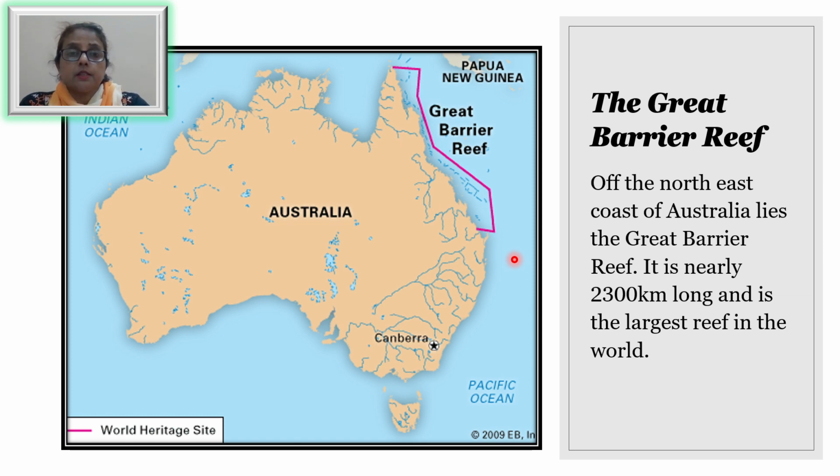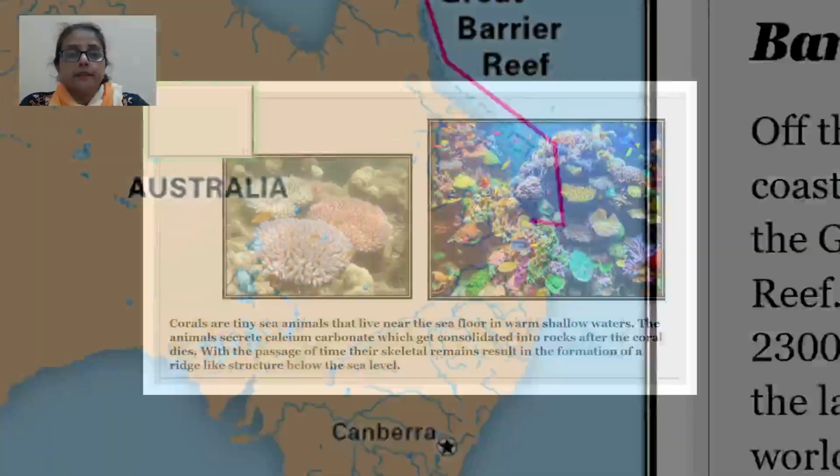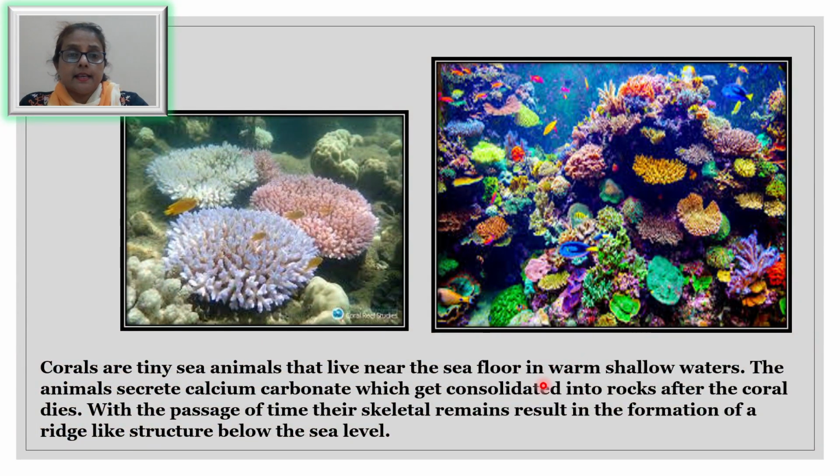This reef has been formed by tiny sea animals known as corals, which live near the sea floor in warm, shallow water. These animals secrete calcium carbonate, which gets solidified into rock after the coral dies. With the passage of time, their skeletal remains result in the formation of a ridge-like structure below sea level.